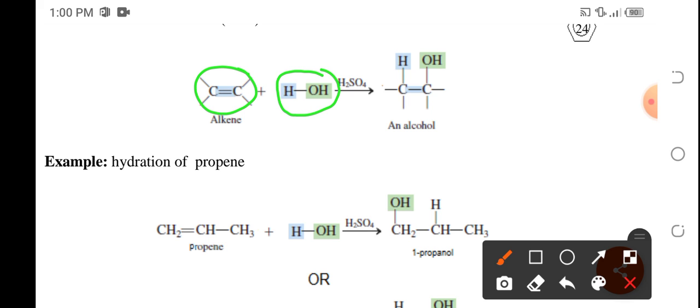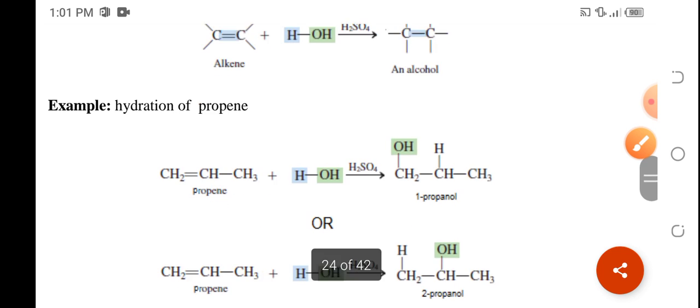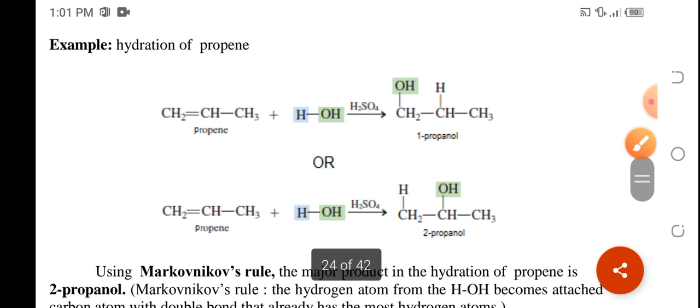The hydrogen coming from the water will go either on the first carbon atom of that unsaturated double bond or on the second, and the other atom will accommodate the hydroxyl coming from the water. So this is the hydrogen and that is the hydroxyl. To determine which one predominates, we have to follow Markovnikov's rule.